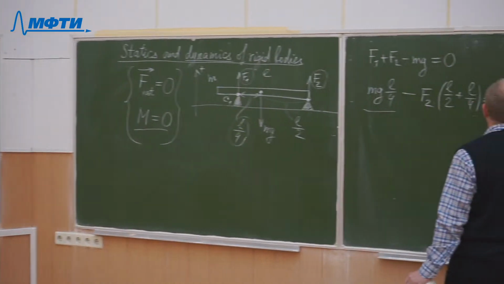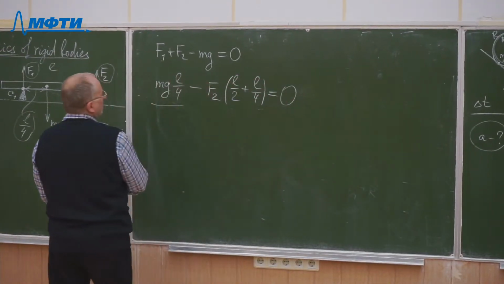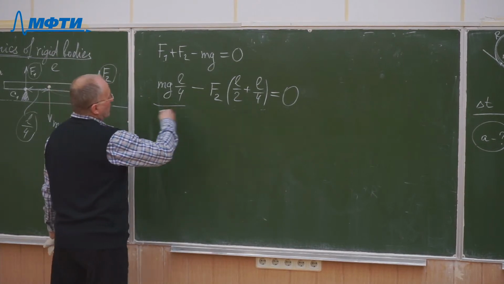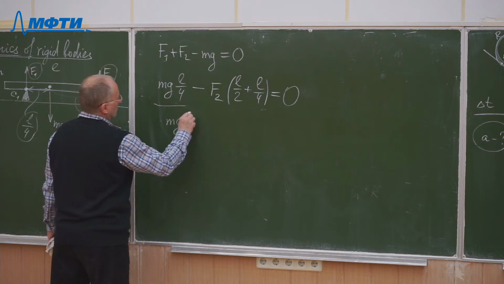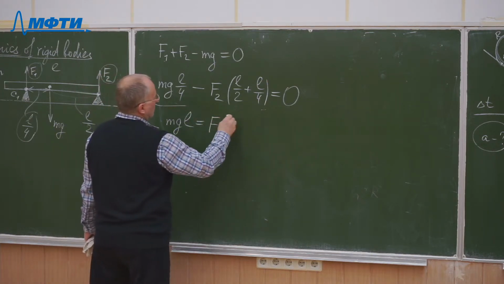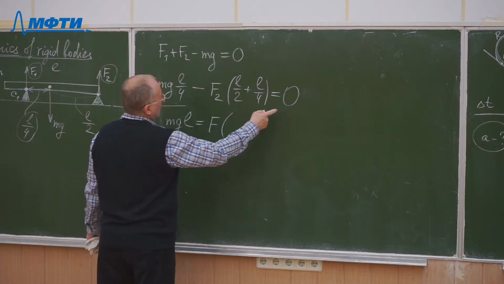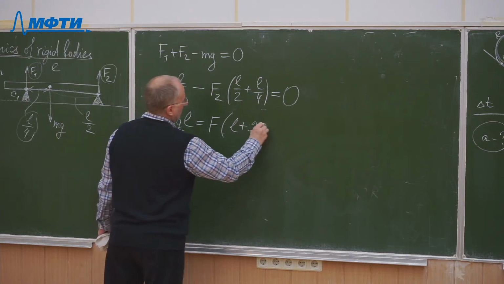Well, if it's 0, it will be convenient if I multiply this equation by 4, then I obtain mgL equal F2 times, if I multiply by 4, that will give me L plus 2L.